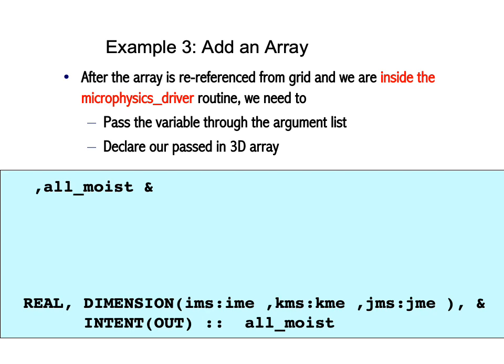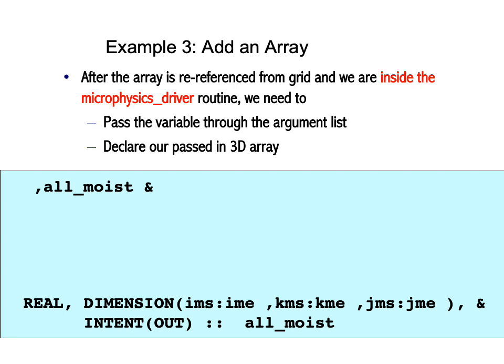Because that specific 3D array all_moist is passed into our subroutine, we need to now put the dimensions for this particular variable. The declarations are required. all_moist has the IMS, IME, KMS, KME, JMS, JME dimensions that are used for all of the 3D arrays that are inside of the WRF model.